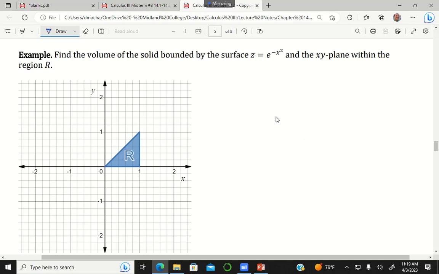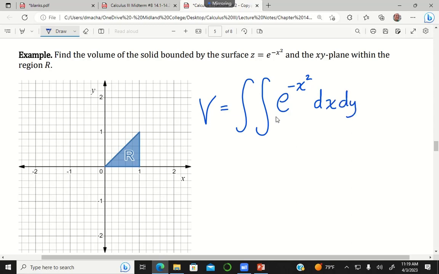And so the way I would find this volume is by taking a double integral. My integrand is going to be that function e to the negative x squared, and I would integrate this with dx dy.